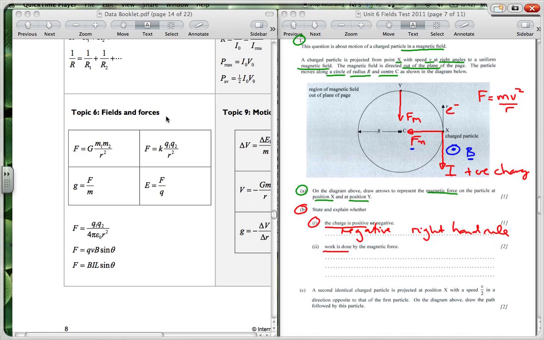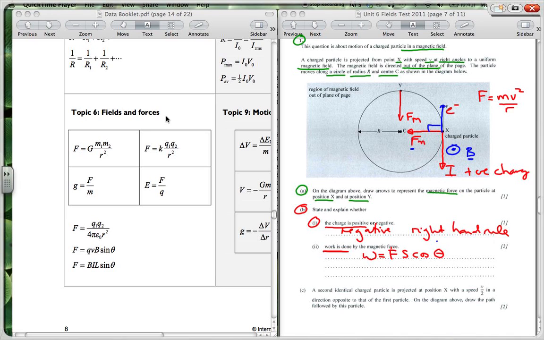Then it says work is done by the magnetic force. Now remember, the formula for work is equal to Fs cos of theta, where F is the force and s is the displacement in the direction of the force. So because your particle is moving that way, your force is actually at 90 degrees to the direction.